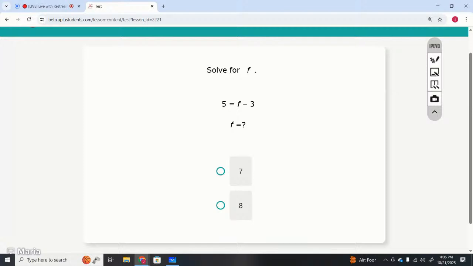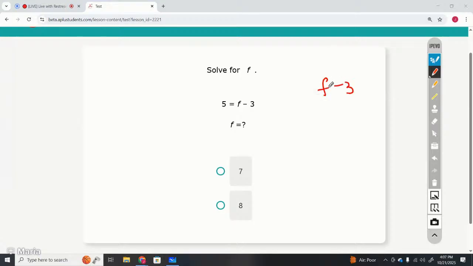Solve for f. f equals f minus 3. So we need to calculate the value of f. We have to undo the operation. You need to isolate the variable f. So to isolate the variable f, you need to remove that 3.